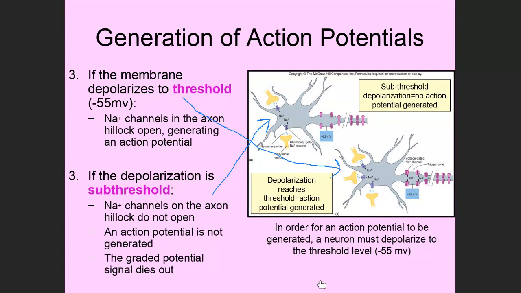Let me give you an example of this. If you are standing in hurricane winds, they are going to be exerting a lot of pressure on the neurons in your skin.